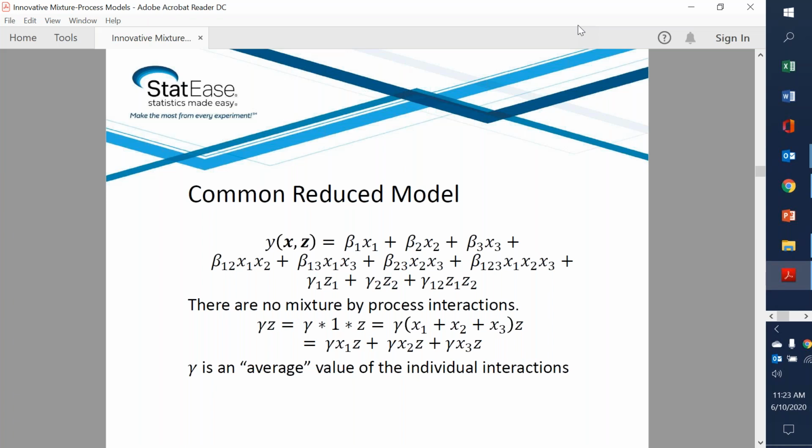And you see a lot of the software not fully appreciate what's going on here. Design Expert does, which is something I really like. One of the reasons there are no mixture by process interactions is that they're already encountered in there. That 1 degree of freedom associated with gamma 1 Z1 actually is representing the interactions of each one of the mixture components with the process variable.